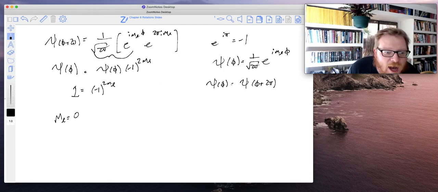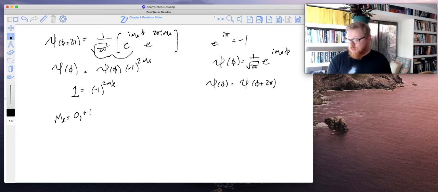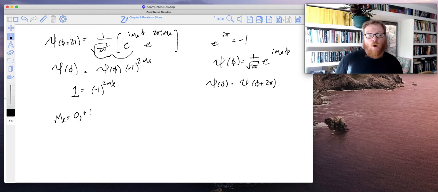Well, what if ml was +1, let's say? Then -1 raised to the, 2 times 1 is 2, so -1 squared is 1, so that checks out, okay? But what if this was -1 raised to the -2 power? I'm going to do this just to prove that it works. -1 raised to the -2 power is still +1. So plus or minus 1 works.